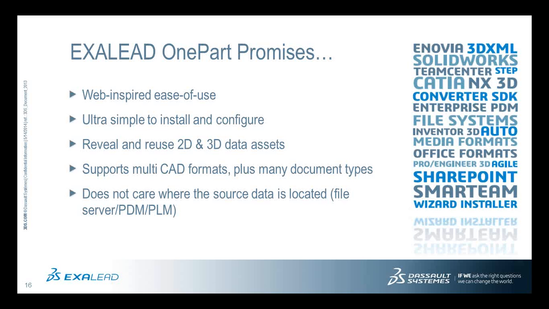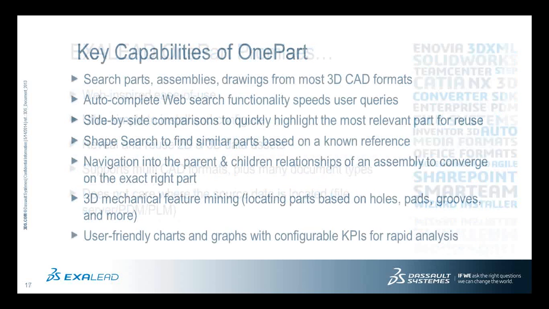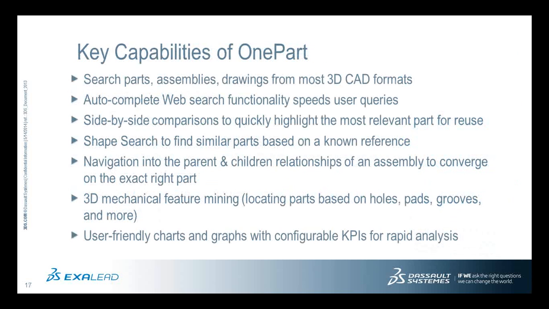So the key capabilities that OnePart brings to the designer engineer is the ability to do not only metadata searching, but 3D shape searching, as well as searching on key modeling features that have been interrogated throughout the CAD model, independent of which CAD format they were in.